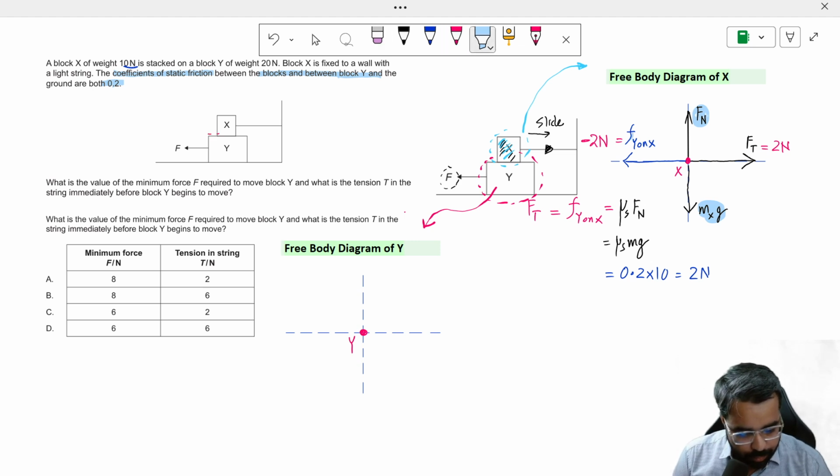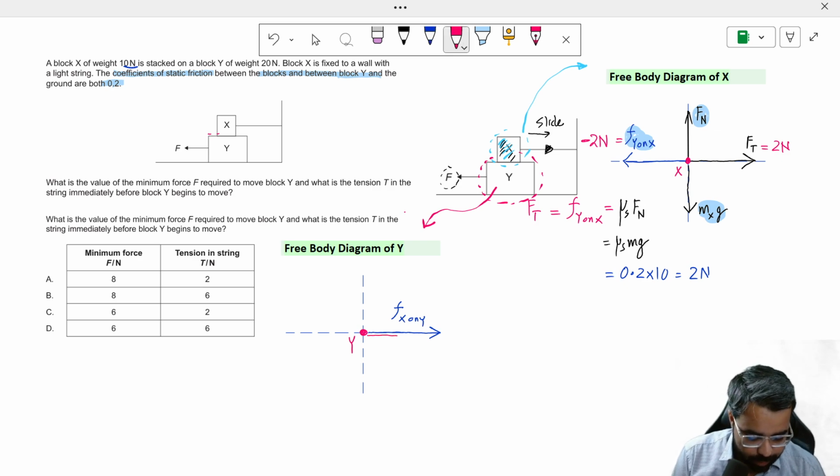You remember I told you the earlier force is exerted by Y on X. So Newton's third law says that an action and reaction pair have the same magnitude but opposite direction. So I will draw the same length of vector in the opposite direction and call it X on Y. What is the other frictional force? The other frictional force is the force exerted by the ground on Y, so G on Y.